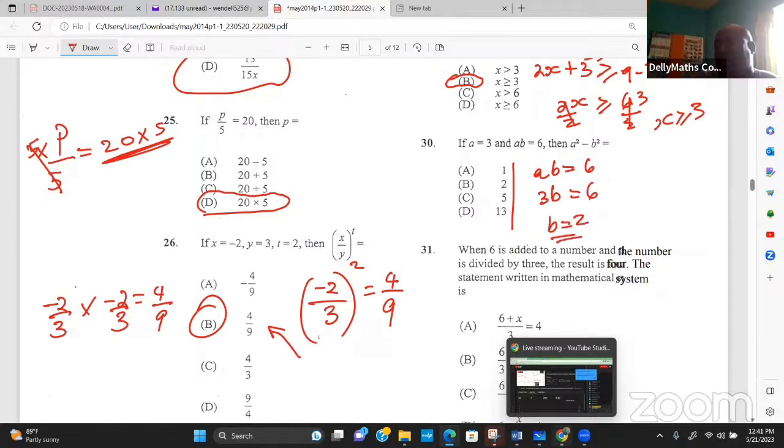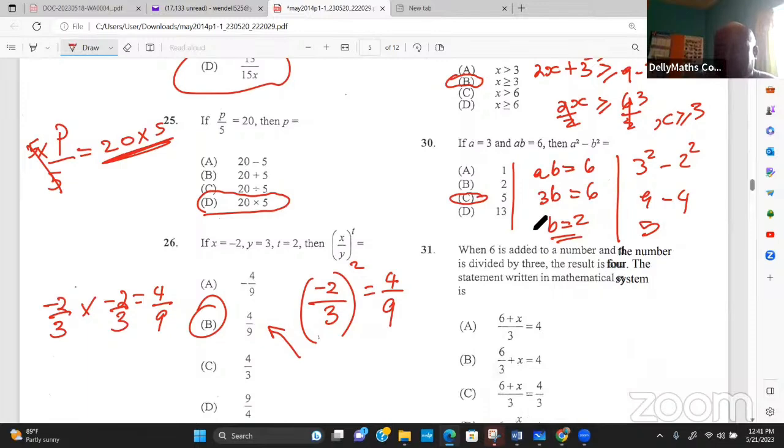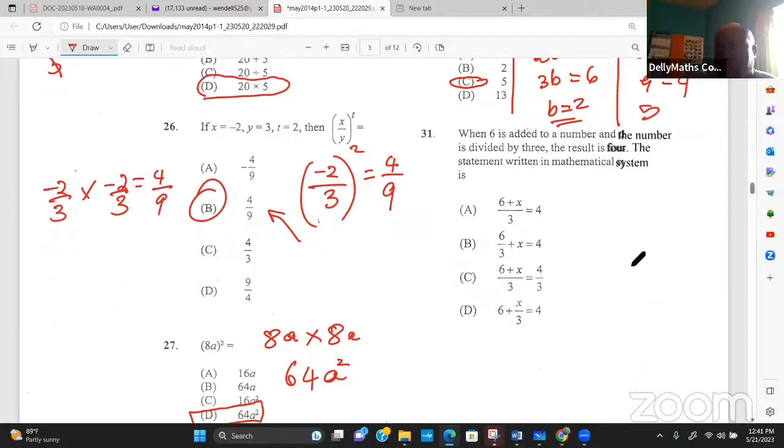We're just saying. All right, so B is equal to 2. So you could do your quick thing here if you want. All right, so A, 3 squared, minus B, 2 squared, 9 minus 4, and your answer is 5. So you're going there, and very simple.